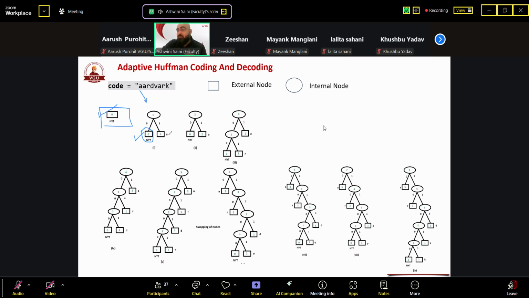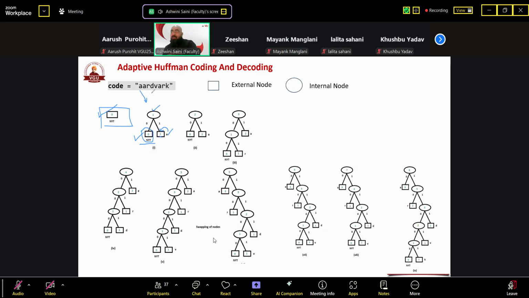We place NYT on the left node, and on the right node we show A. The weight 1 shows A is used one time. Then we add 0 and 1 on the left and right, and the total of left and right is 1. I think step 1 has no issue.